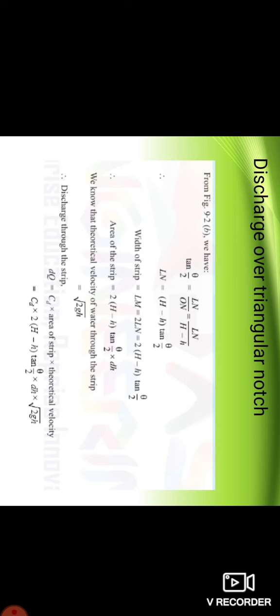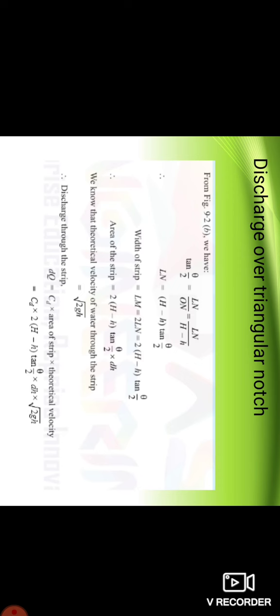Look at the figure, that is lm, the width of the strip. So the width lm is equal to 2 times ln. lm is the overall width, and ln is what we have derived here, capital H minus small h into tan of theta by 2, which we substitute for ln.